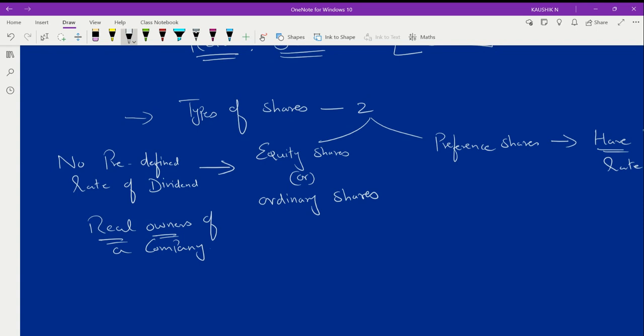Preference shares are not the real owners of the company. So preference shares வச்சிருக்கிறவங்க not real owners. These basic concepts you must be in a position to understand. புரியுதாமா இது வரைக்கும்?